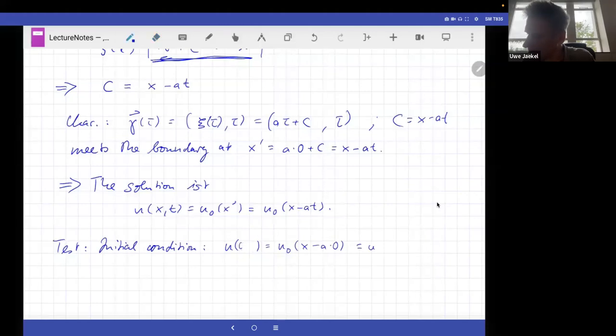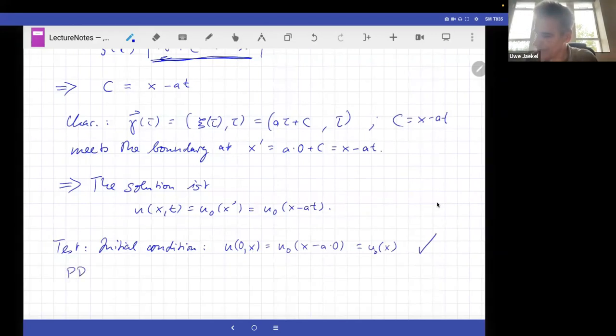So the solution at time 0 at a certain position should fulfill the initial condition. If we set the time to 0, we find this is u0 of x, and this means the initial condition is fulfilled.